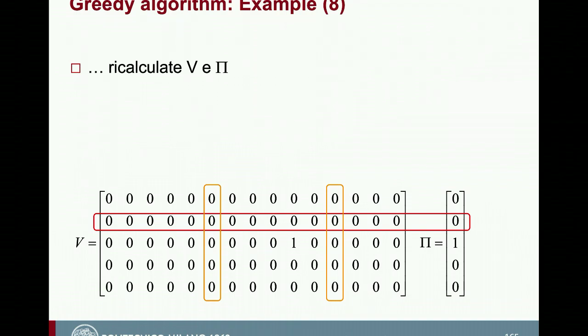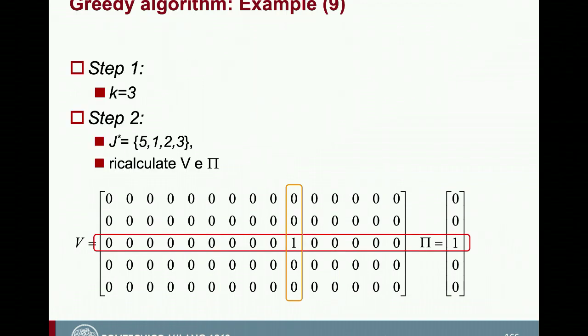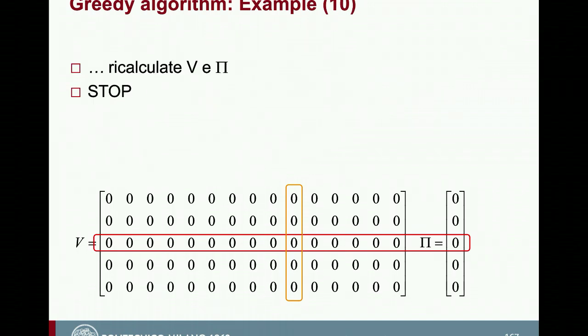Then we have just 1 remaining test point, so we just add the final candidate site, which is number 3, and then we recalculate everything. And as we see here, we now have an empty matrix and an empty vector pi. So basically this means that we don't have to cover any further test point, and this is the solution of the problem, that is using 4 out of 5 candidate sites for covering all the test points in the area.